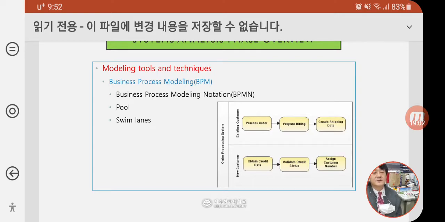The next tool is business process modeling, BPM. Business process modeling notation has two notations, pool and swimming lanes, just like in this picture.